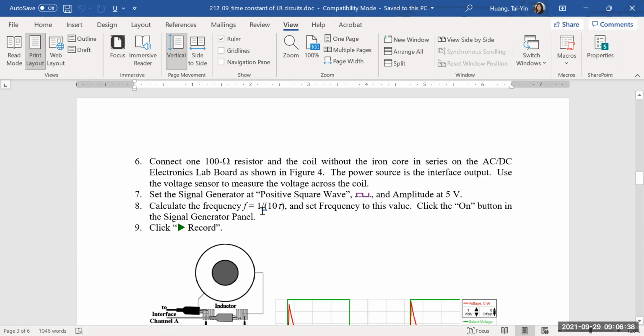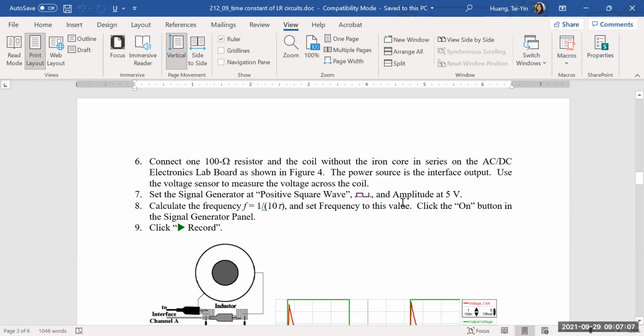This value of the frequency will give you a nice looking rise and fall of the current. So the frequency that you key in is not 1/tau, it's 1/10 tau. We're going to choose a positive square wave, which I think is the program default, and the amplitude is at 5. We can double check that this is the correct setting. And the resistor value will be 100 ohm.